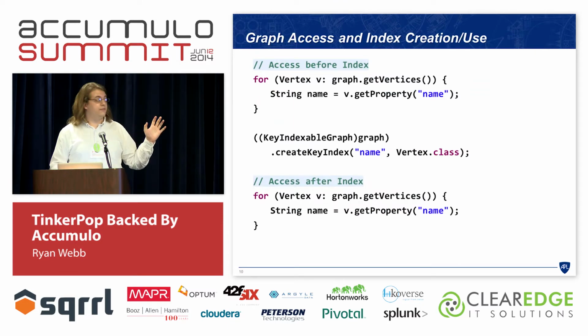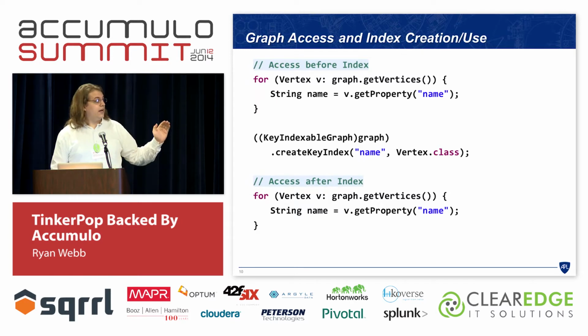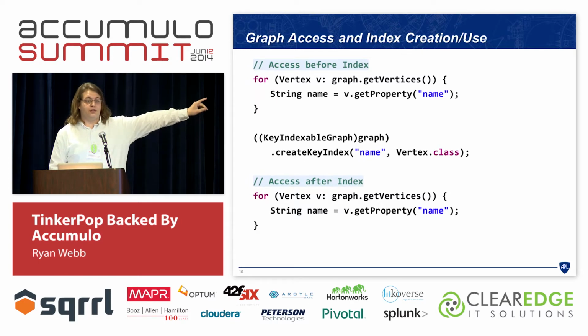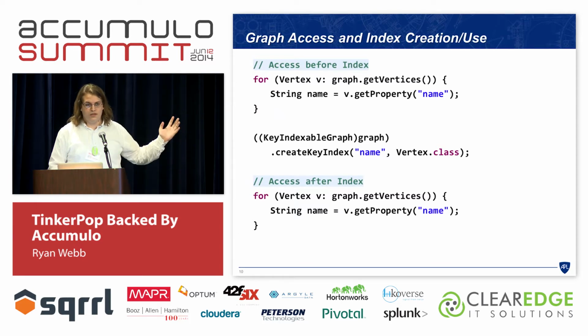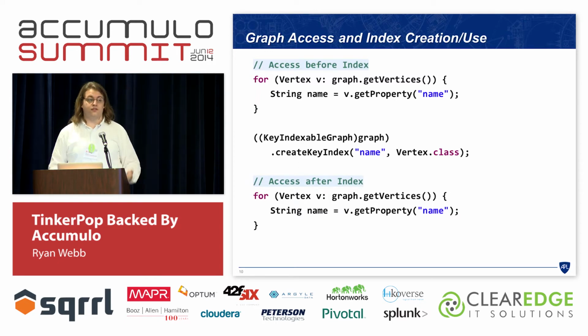For graph access and index creation and use, it's very simple and almost transparent to the user. So you have your graph access at the top. We're just going to iterate over all of our vertices and get the property name. Easy peasy. We're going to cast our graph to a key indexable graph, which gives us the functionality of using the key indexable features, which lets us create a key index on name for class vertex.